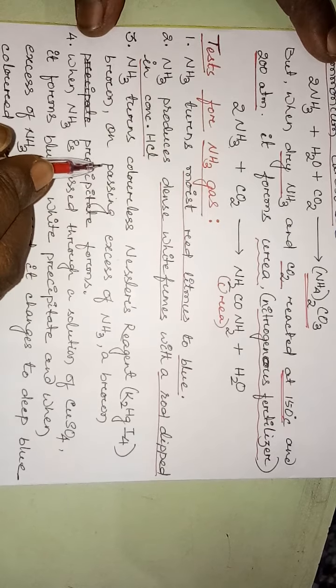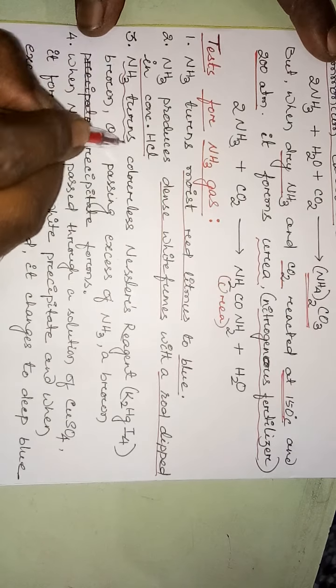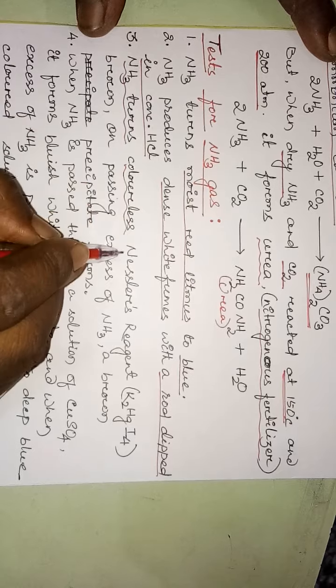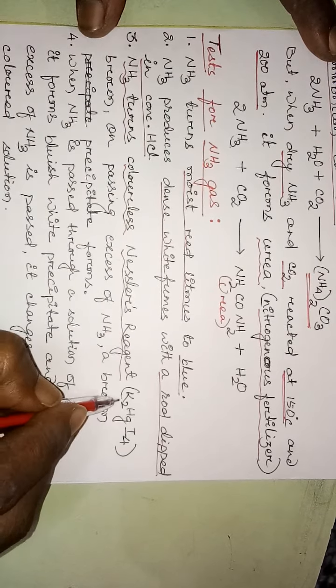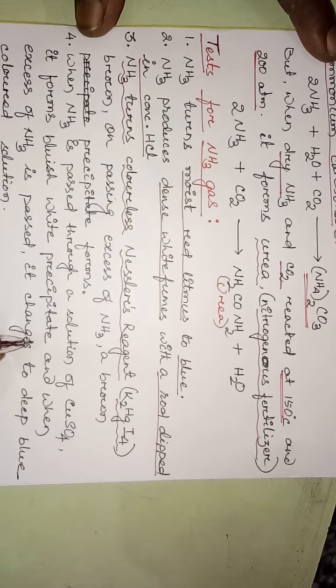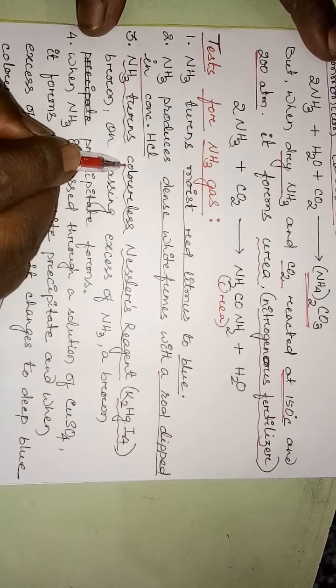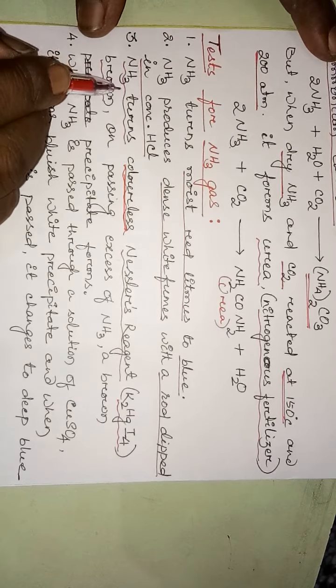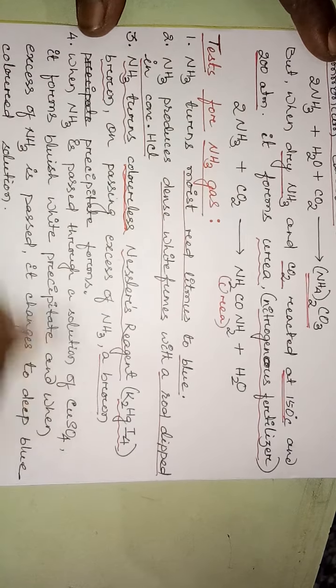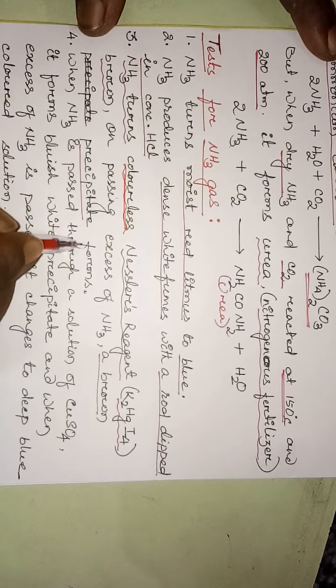Another, and most important, is when ammonia is treated with the colorless Nessler's reagent. What is that? K2HgI4, potassium mercury iodide. This colorless reagent turns brown, and when excess of ammonia is passed, a brown color precipitate is formed.